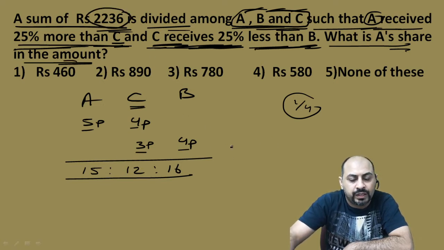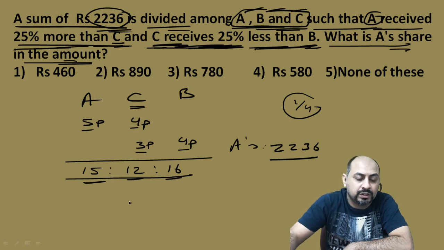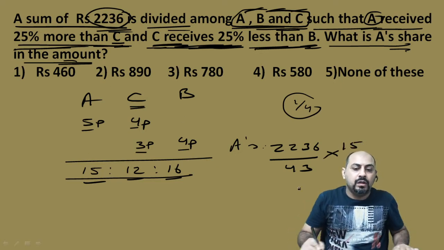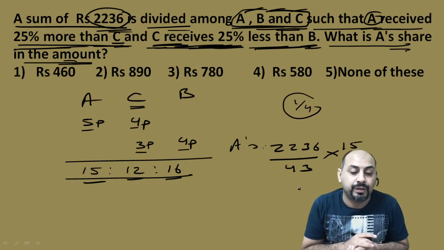What is A's share in the amount, and what is the total sum? 2,236. So A's share would be equal to 2,236 divided by 15 plus 12 plus 16, which is 43, into A's share, so into 15. Can anybody come up with the answer? How much will 2,236 upon 43 into 15 be equal to?